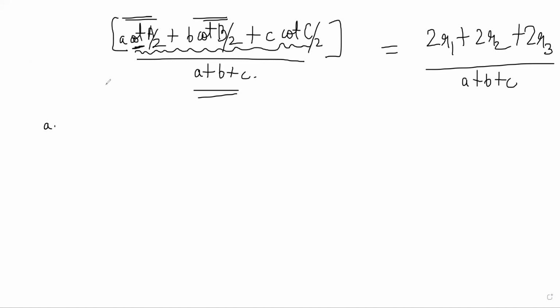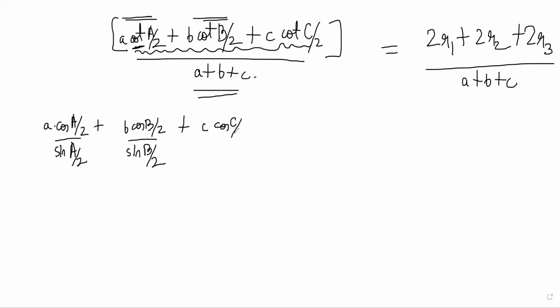A cot A by 2. Cot A by 2 can be written as cos by sine. And here also you'll have B cos B by 2 by sine, and C cos C by 2 by sine.